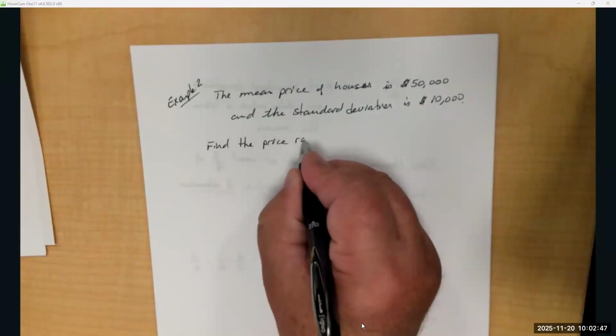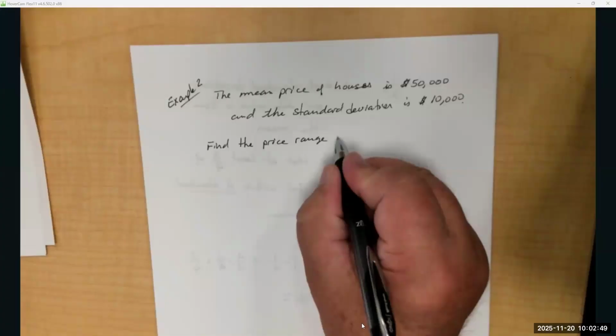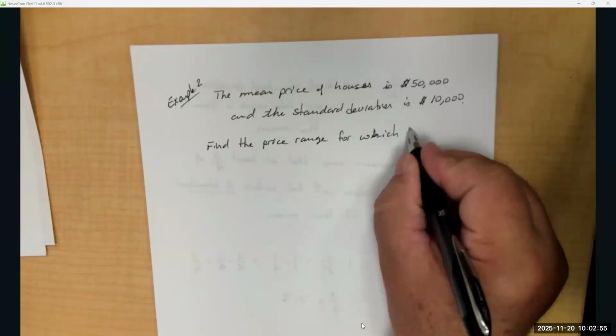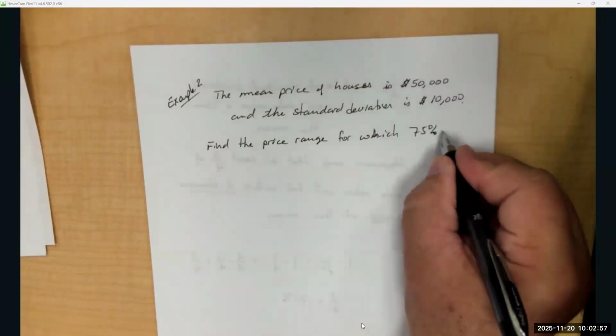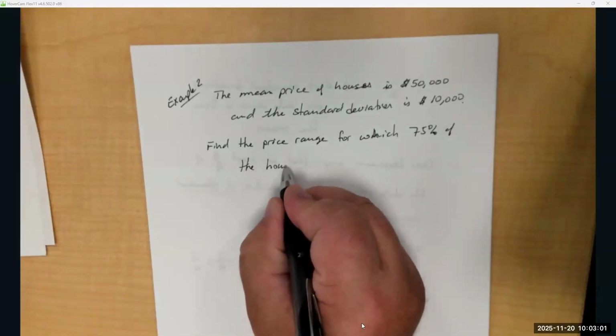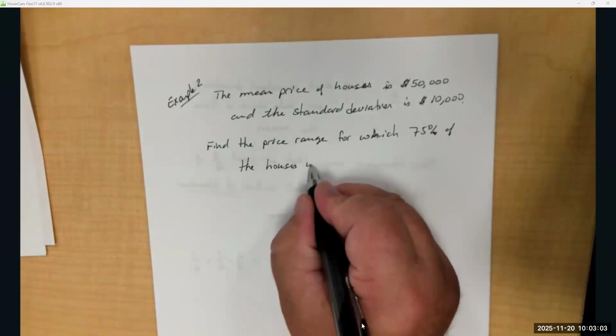Find the price range for which 75% of the houses will sell.